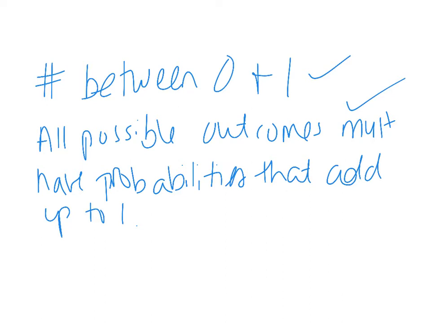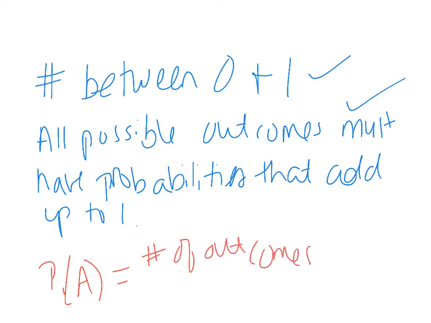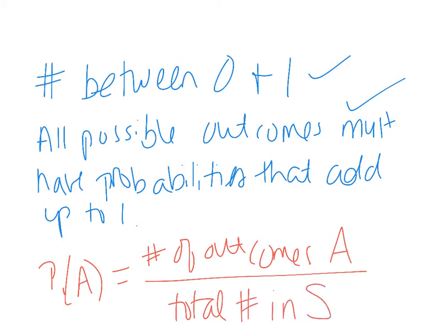If all of the outcomes in the sample space are equally likely, like we saw with rolling the dice, then we can find the probability of event A, which is defined as the number of outcomes that correspond to event A over the total number of outcomes in the sample space. I've shortened that so that it fits on the iPad a little bit better, but let's go through that again.